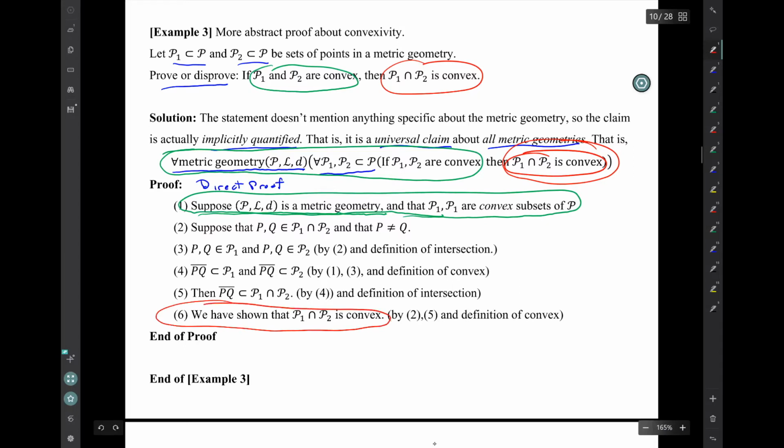So that's that statement. So now we have to bridge this gap. Now, how do we do that? Well, let's think about how we have to end the proof structure of getting to this point. To prove that a set is convex, we have to suppose that we have two distinct points that are in that set, and then somehow show that the segment that connects those points is a subset of that set.